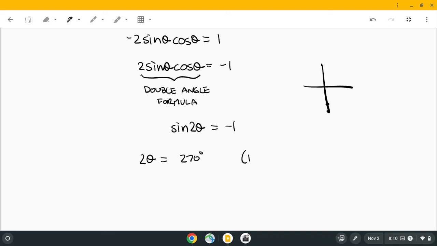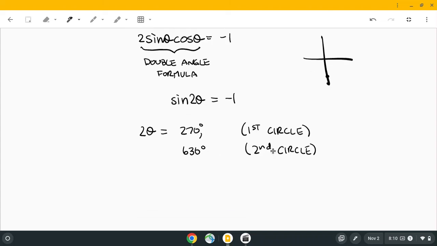And that's our first circle, and we only have the 1. We need a second circle because our multiplier is 2. So if we add 360 to this, then we get 630 as our second one. So those are our only ones.